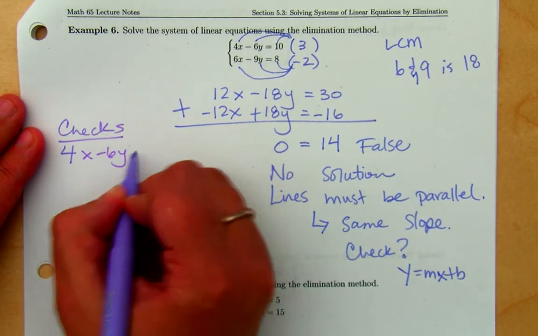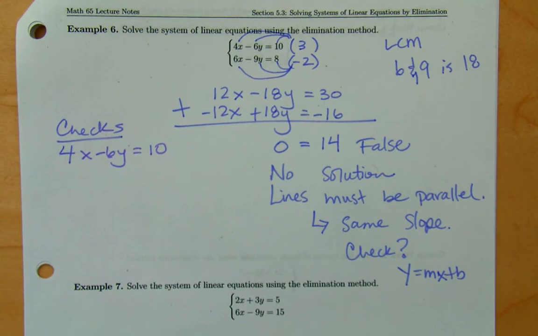4x minus 6y equals 10. How do we get y by itself there?